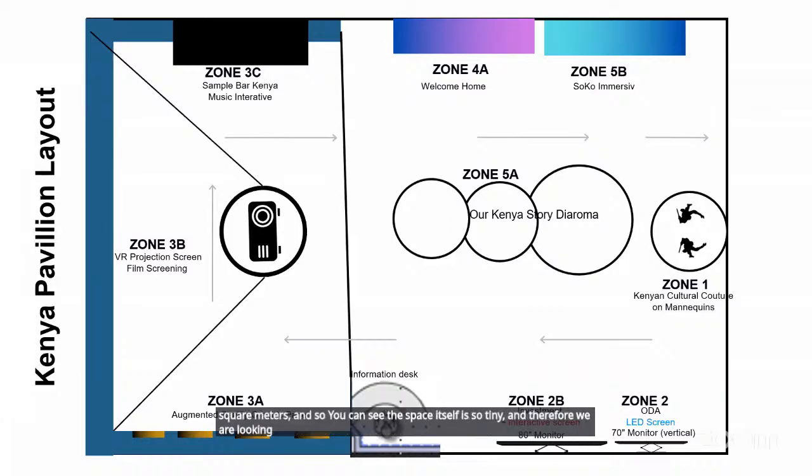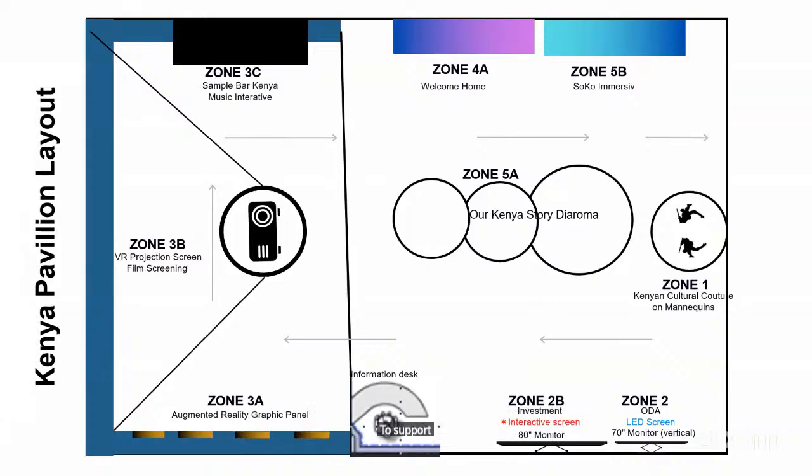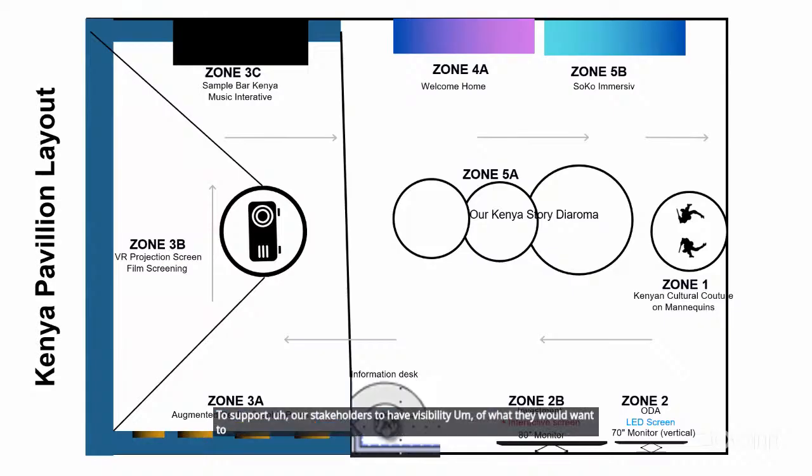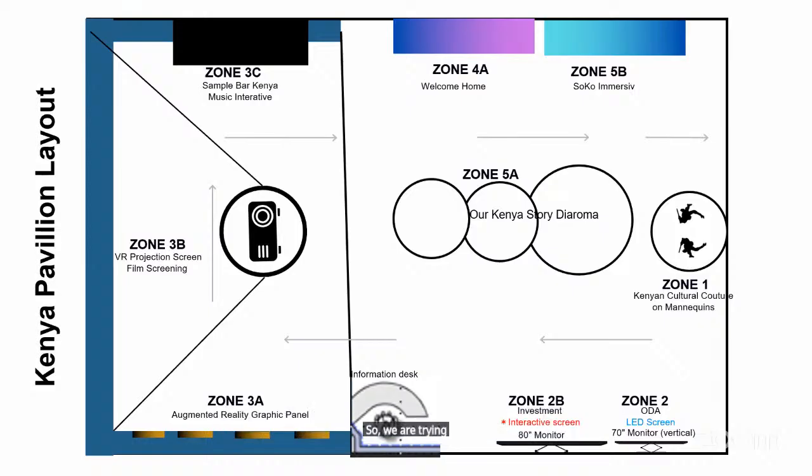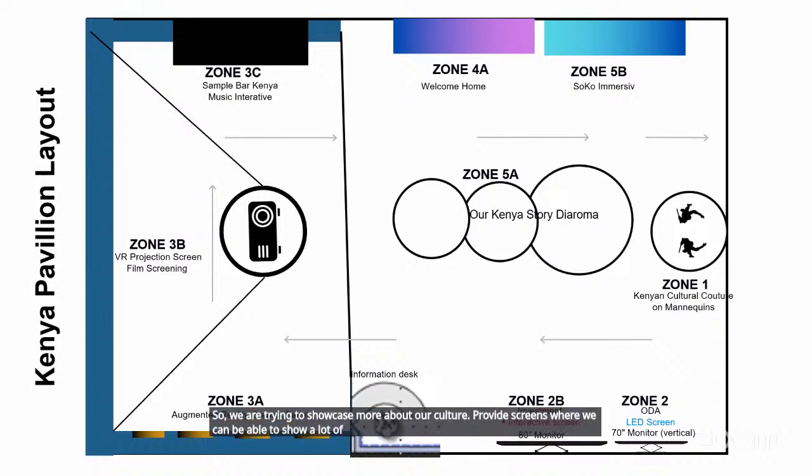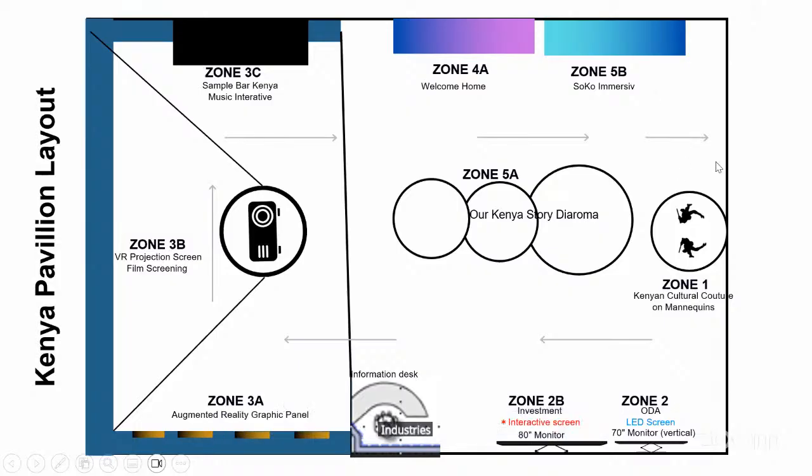looking for other opportunities where we can support our stakeholders to have visibility of what they would want to showcase at the Expo. So we are trying to showcase more about our culture, provide screens where we can show a lot of content on the various industries or sectors.